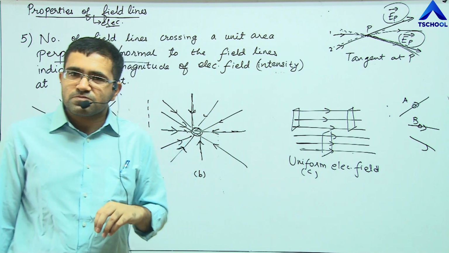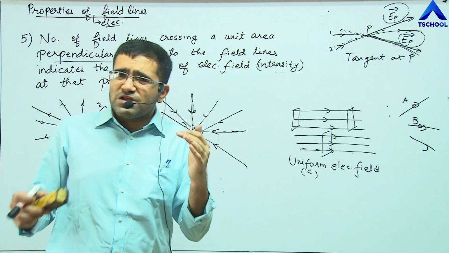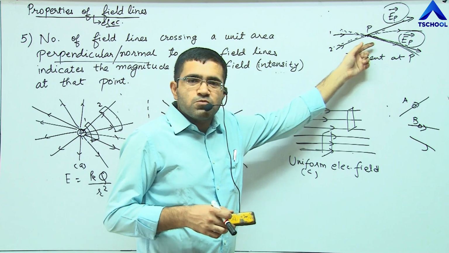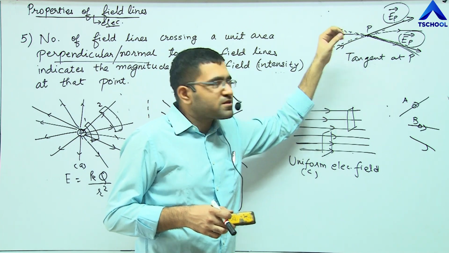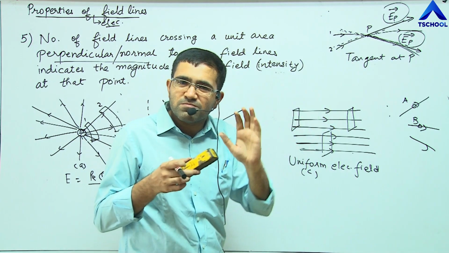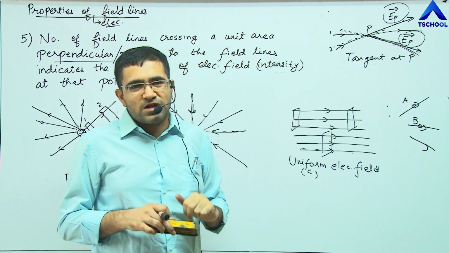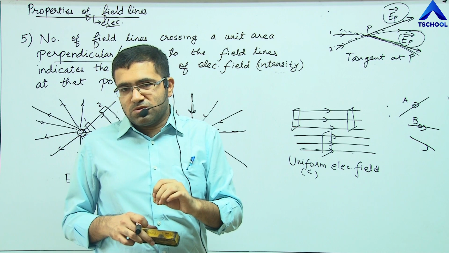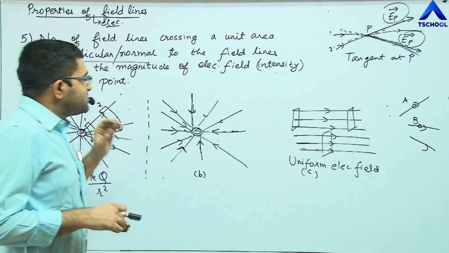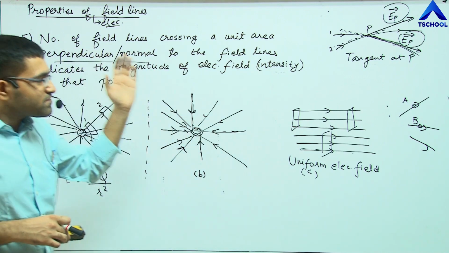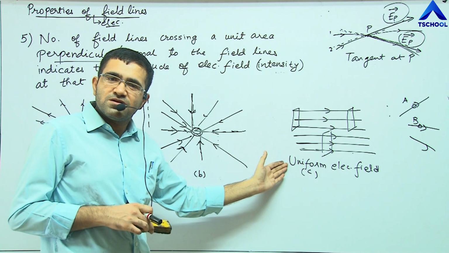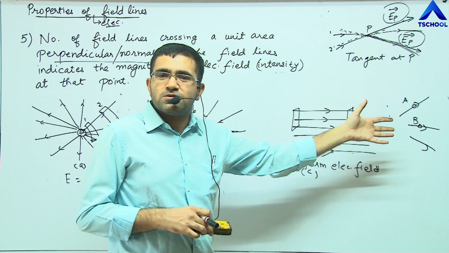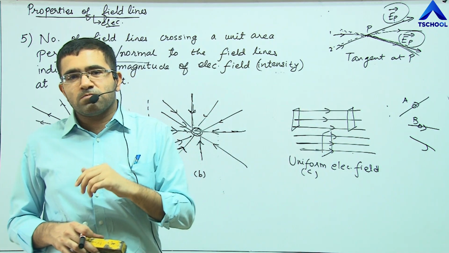Third one is that 2 field lines can never cross each other, because if they did, we'll have this problem. At that point you'll have 2 tangents, and that means you'll have 2 directions of electric field at one point, which is impossible. The next one, number 4, is that if you have a uniform electric field, then the field lines are all parallel to each other and equidistant from each other.